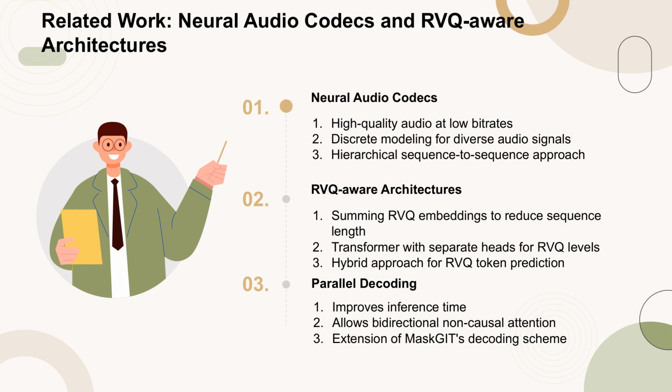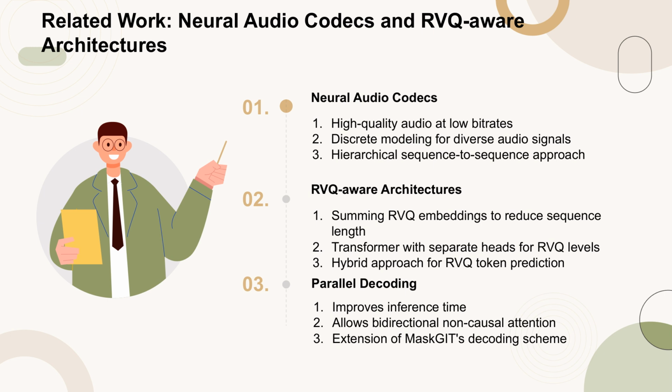Neural audio codecs have been developed to reconstruct high-quality audio at very low bit rates, enabling discrete modeling for a variety of audio signals. These codecs often employ a hierarchical sequence-to-sequence approach, such as in AudioLM, where high-level semantic tokens are generated as an intermediate representation. On the other hand, RVQ-aware architectures focus on reducing sequence length by summing embeddings corresponding to the same RVQ input frame.